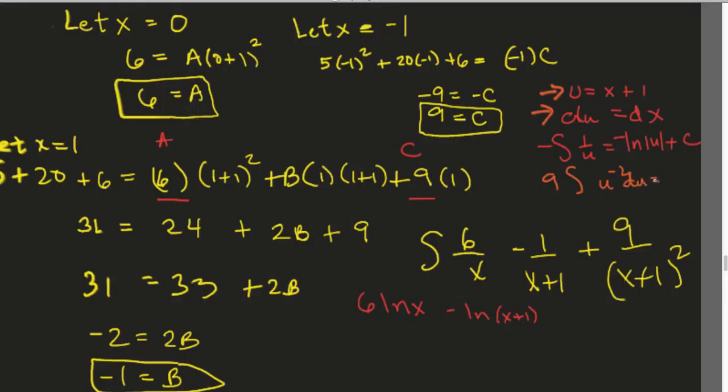When you integrate that, you get 9 u to the -1 over -1. So it would be minus 9 over u, which is x plus 1. And we're done, right?